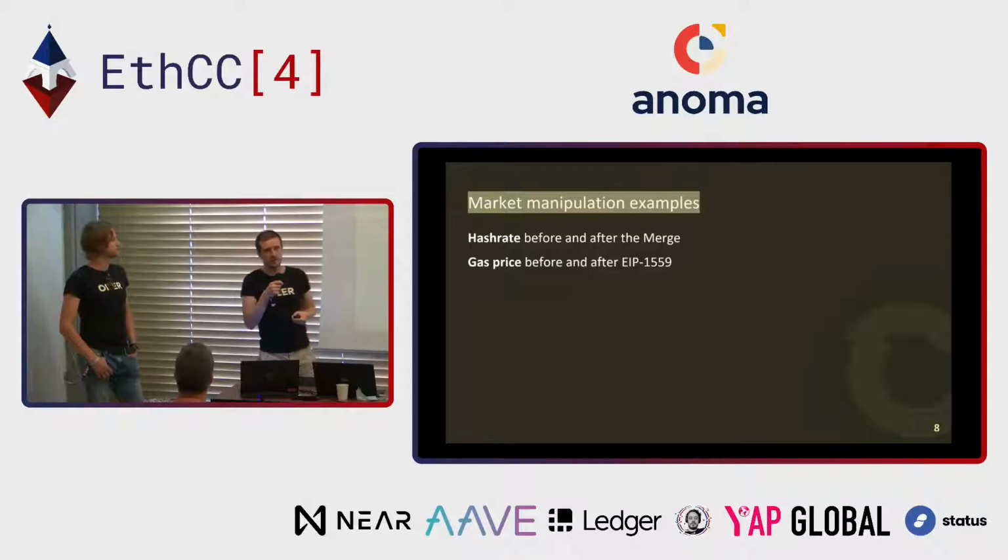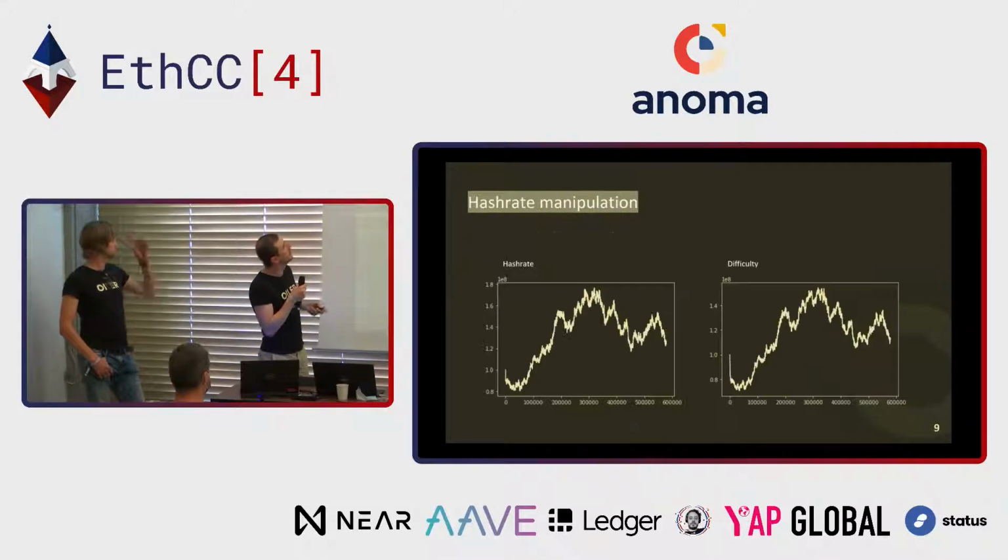And for gas prices, EIP 1559 changes a lot, so you can no longer include transactions of any value without bearing any costs as a miner. But still, after EIP 1559, there are some things that can be manipulated. You can simply push the base fee up. We'll show it in a moment.